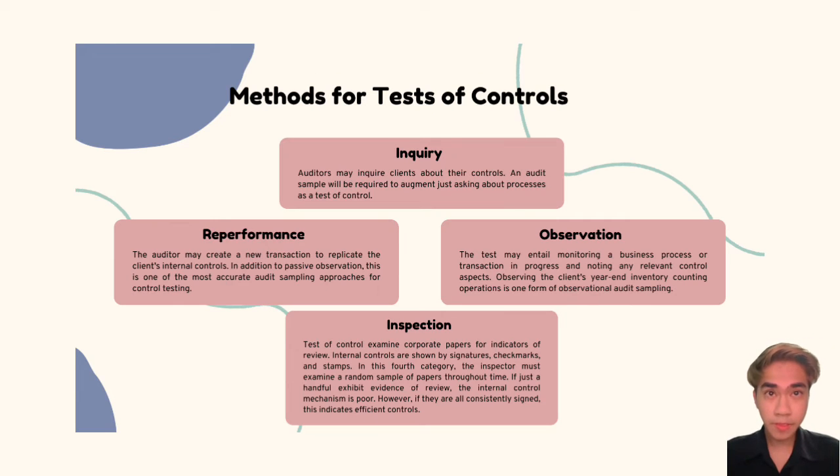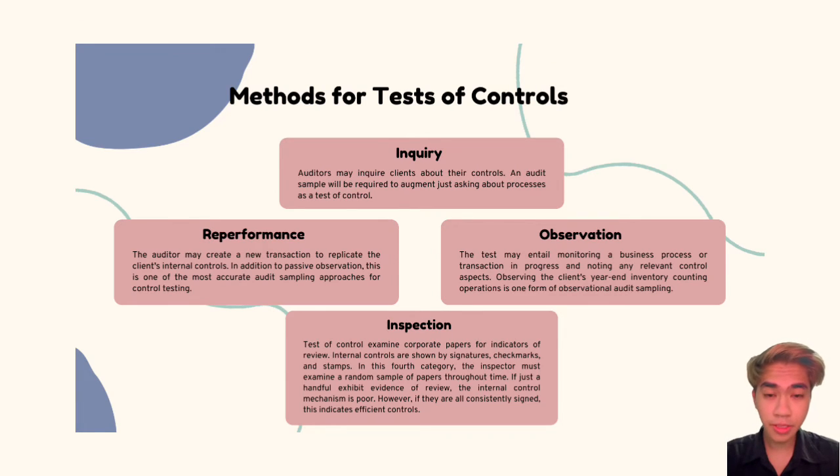So the third method is re-performance. The auditors can create a new transaction to help replicate the internal control. So in addition to passive observation, this is one of the most accurate ways of showing the test of control. The last method is inspection.